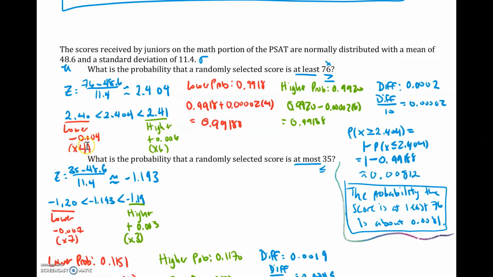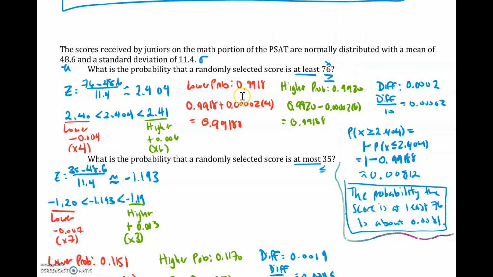So that means we're going to multiply the lower by 4 if we're going to go the route of the lower probability. Or I can see, okay, I have to add 0.006 to get to the higher probability, so I can multiply by 6 if we want to take the green route. But first, we need to find the probability from the z-score table, which I got as 0.9918 and 0.9920. Find the difference divided by 10.